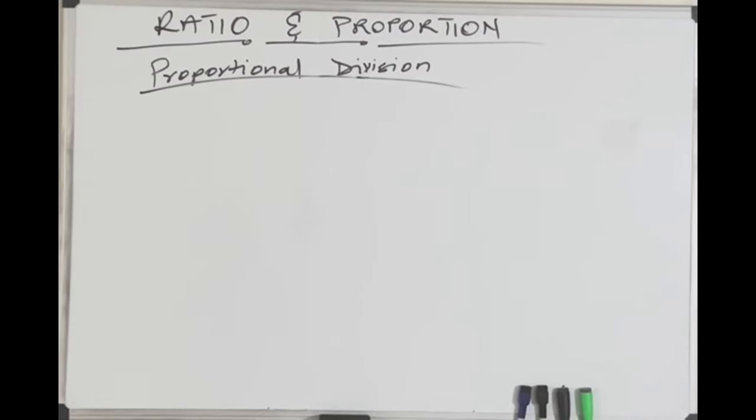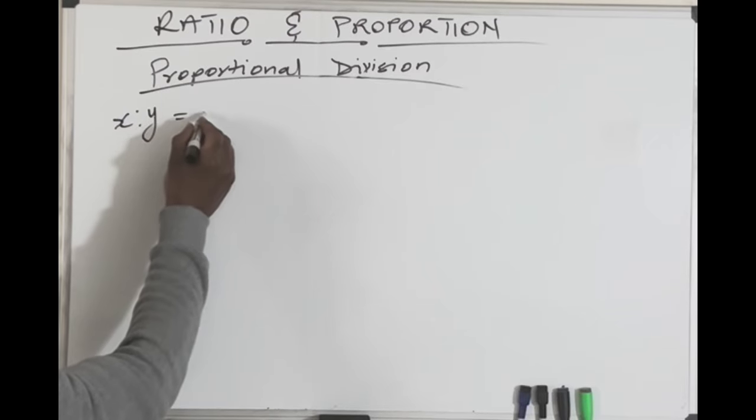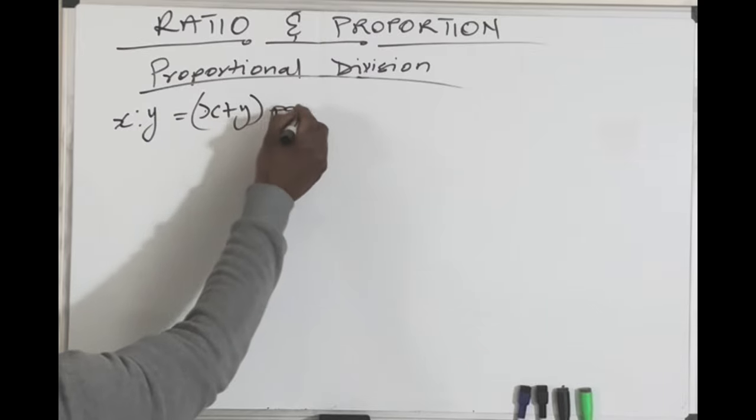We jump to the subtopic proportional division. It is about dividing or sharing something in a given ratio. So the ratio tells you how to do the sharing. When we divide something in a given ratio, we find the total number of parts for the ratio. So the ratio x to y gives x plus y parts.